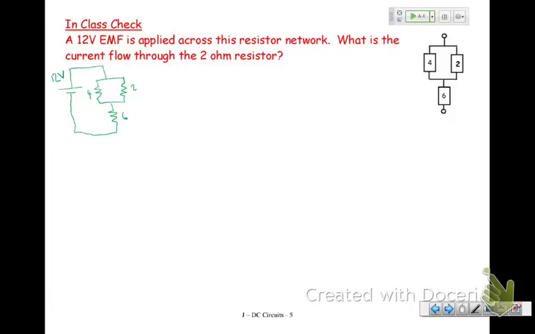And now it's asking what specifically is the current flow through the 2 ohm resistor. So it's asking for the current flow through that bit of wire, and only that bit of wire. So now we've got to visualize a bit better than we've been doing. So it wants I, and I'm going to, for the sake of shorthand, call it I2.